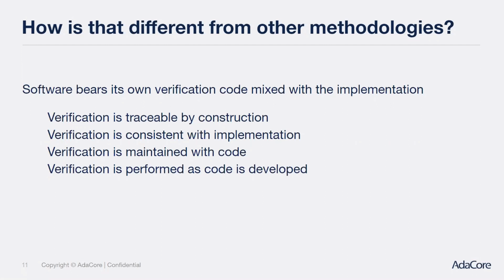And last but not least, in terms of cost savings, the verification is performed as the code is developed. The tools that you're using for formal verification, formal proof, are run by the developer on the developer desk, which means that the odds of introducing an error that we pass to the next team is reduced.